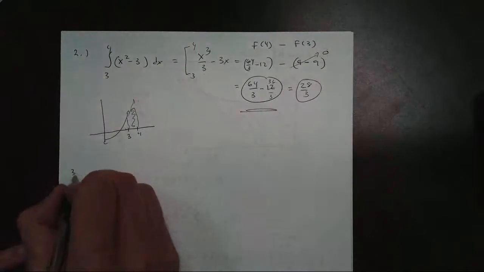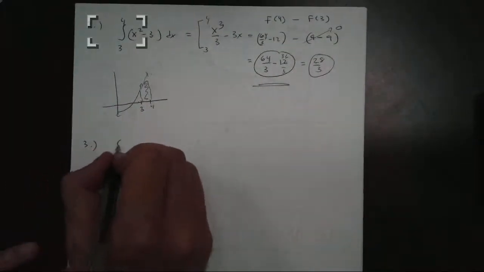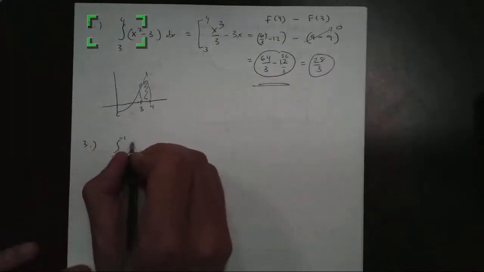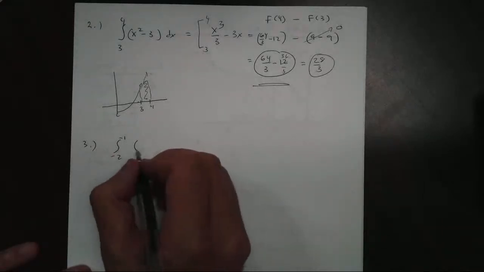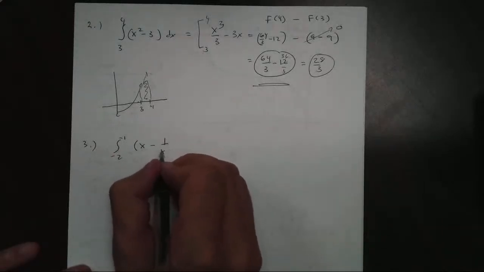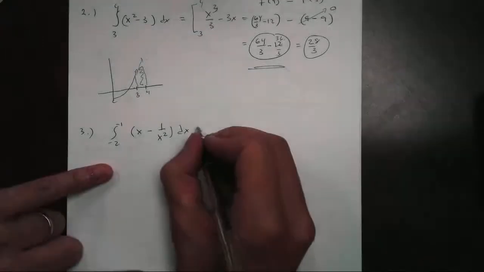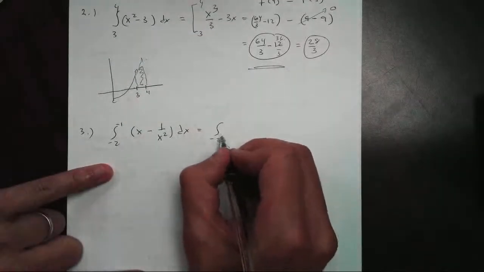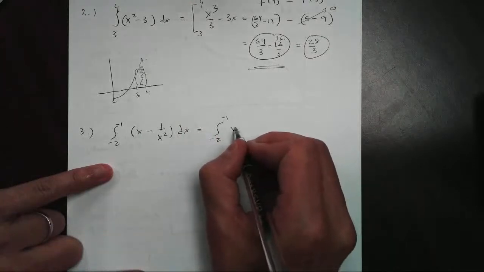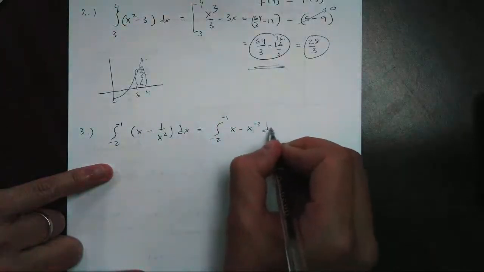So let's take a look at another slightly challenging one. Let's go from -2 to -1 of the following: x minus 1 over x squared dx. Well, I am going to rewrite this, and we get -2 to -1, x minus x to the -2 dx.